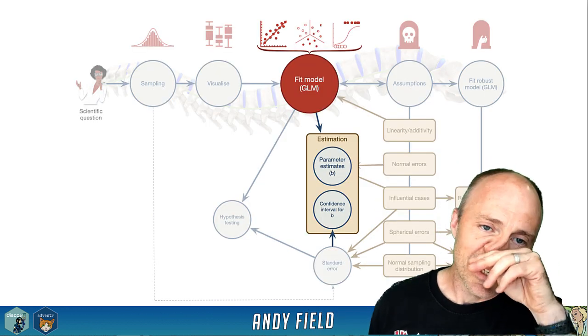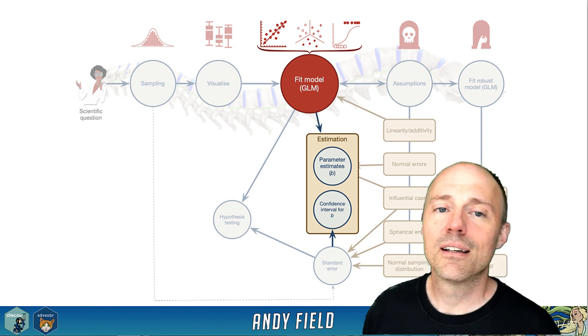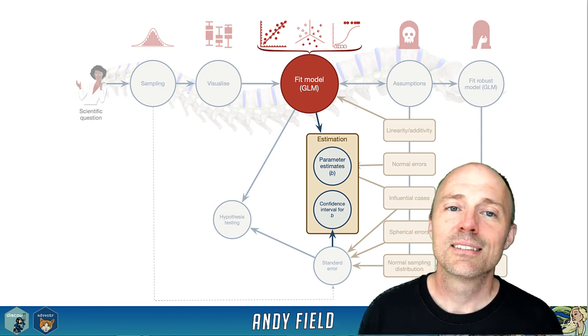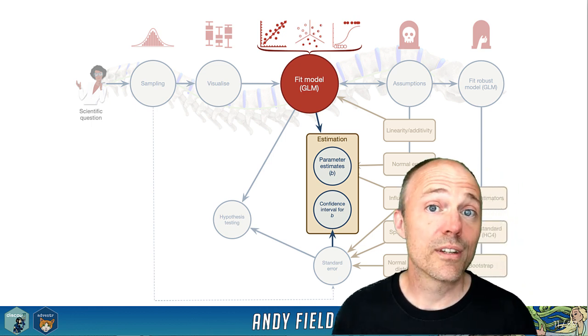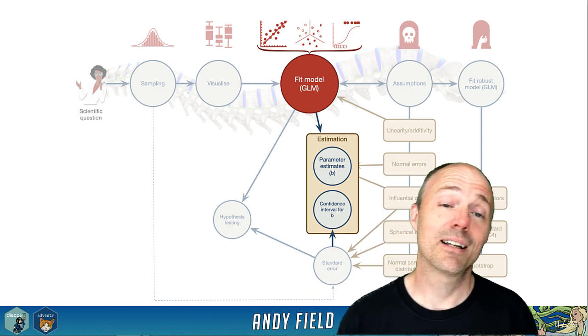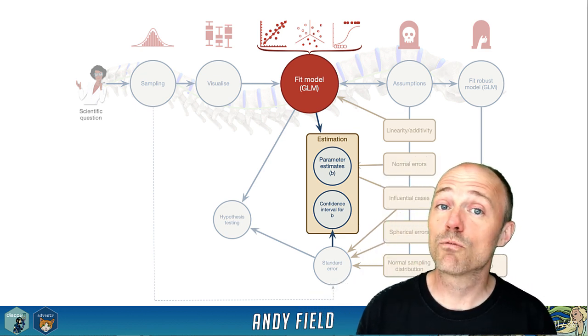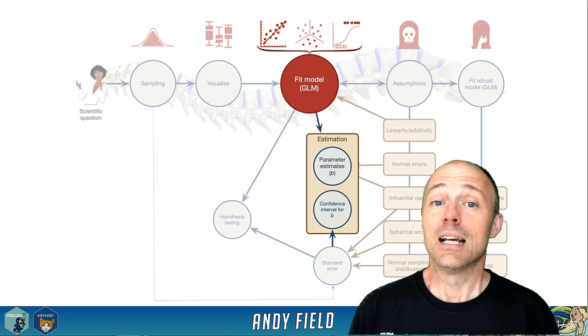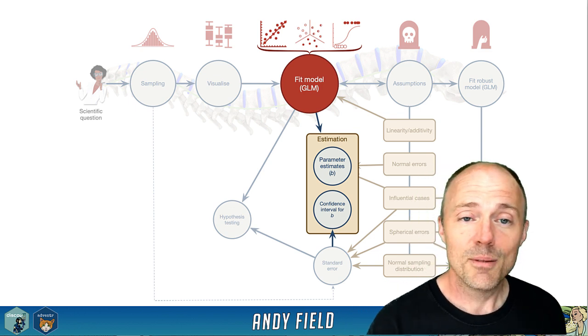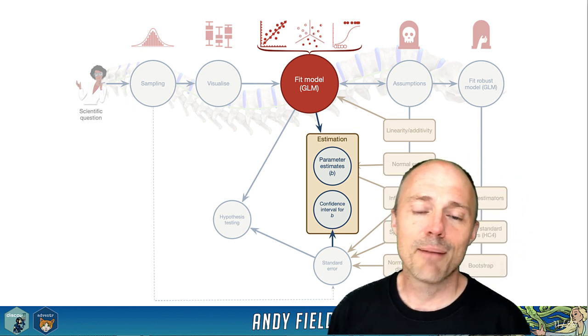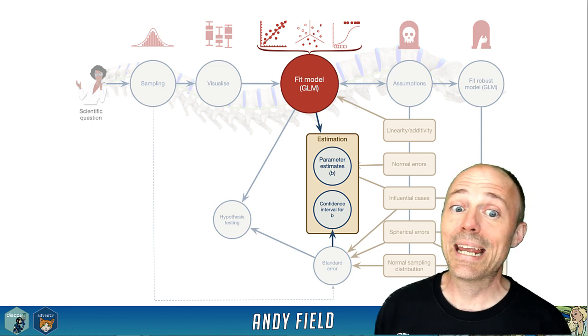So for today in particular, we're going to start off with just looking at the family of models that psychologists typically fit. It's something known as the general linear model. Some of this may be familiar to you, but there's no harm in going over it again. So we're going to talk about what the general linear model is.